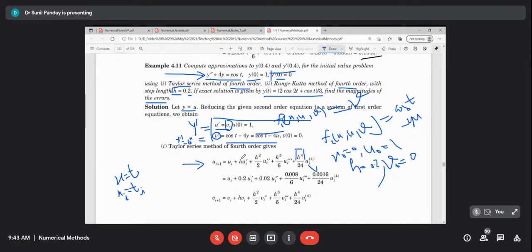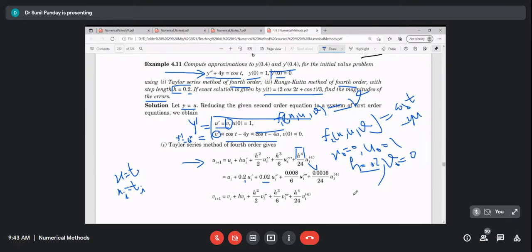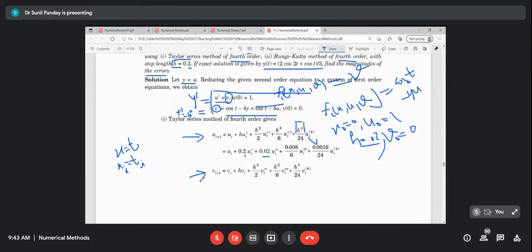First you substitute the value of h, because h is given as 0.2. So h square upon 2 will give you this, h cube upon 6 will give you this, and then similarly you write the fourth order Taylor series method for the v variable also. You will get the same as for u, and again you will substitute the value of h, h square, h cube, h4.